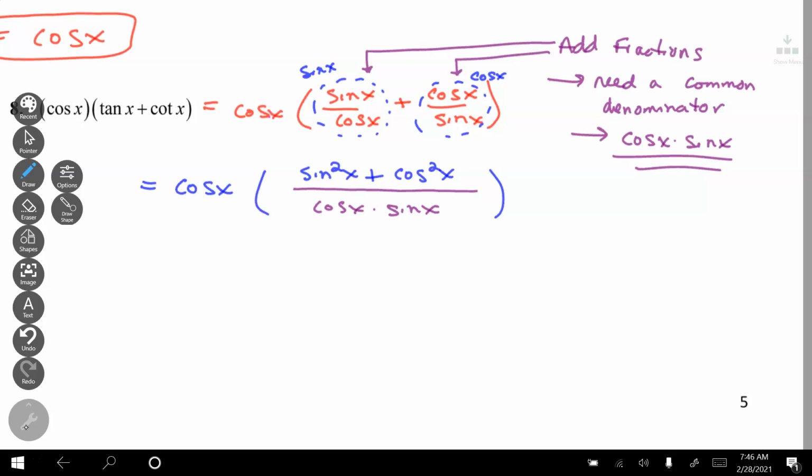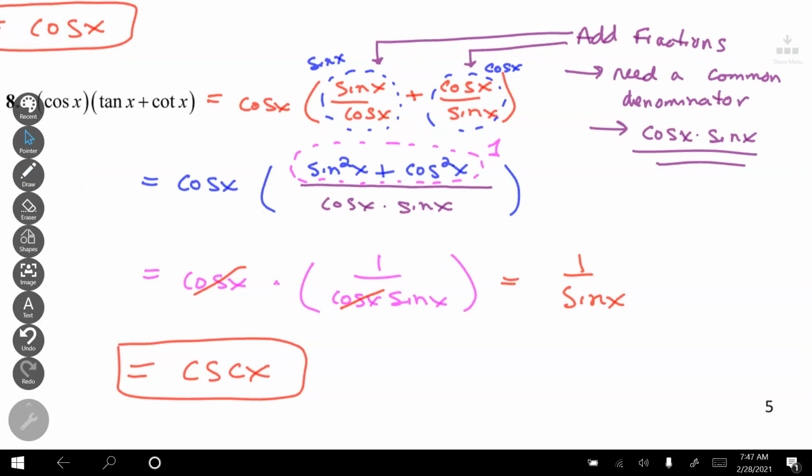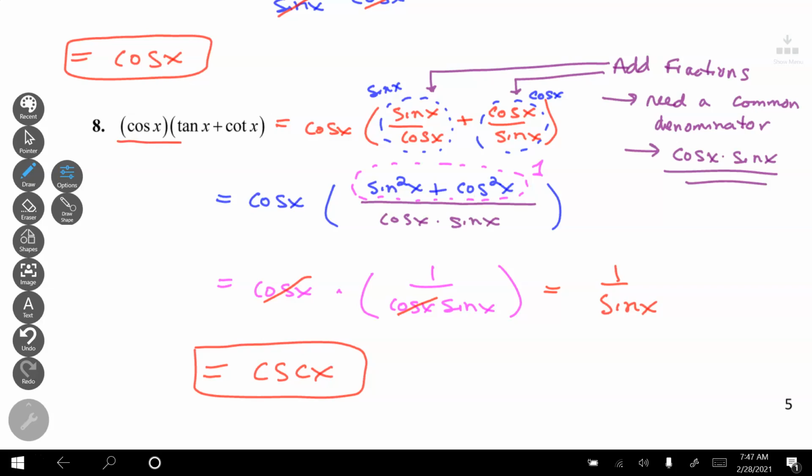And I'm hoping when you see this, bells and whistles go off, because that's the number one identity of all time. This is just equal to 1. So I rewrite this, I get cosine of x times 1 over cosine of x sine of x, because that whole numerator just turns into 1, and now I see the cosines cancel out. I'm left with 1 over sine of x, and 1 over sine of x is just cosecant of x. So this whole messy problem that I had to begin with just turns into cosecant of x.